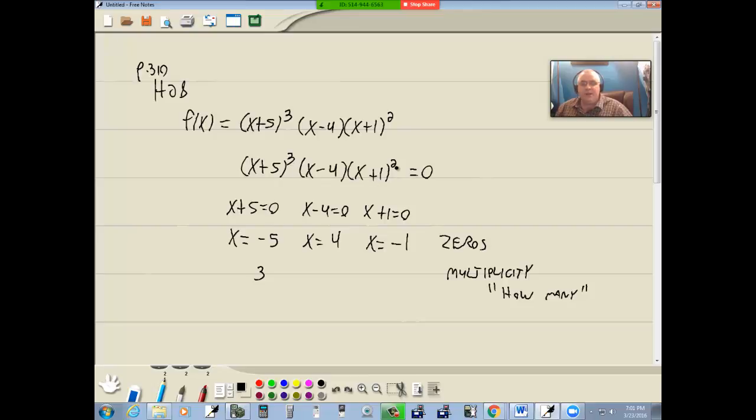The x plus 1, we got second power, so that means our multiplicity is 2. Now there is no power on the x minus 4, but if I were to put one there, we could put a first power, which means this would be a multiplicity of 1. Now they don't really ask anything about that in this section, but multiplicity tells us whether the graph touches or crosses your x-axis. And that helps in terms of your graphing.